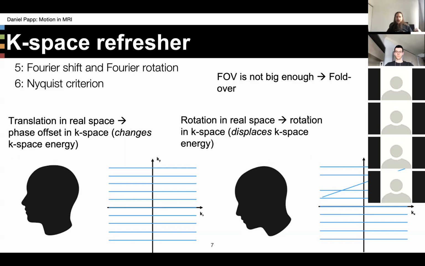And related to that is the so-called Nyquist criterion. Remember back that our field of view is determined by our spacing in k-space, how big these steps are. Originally, we had steps that are this big, and here we have a step that's twice as big. We have a field of view that's half as big, which will result in fold over.